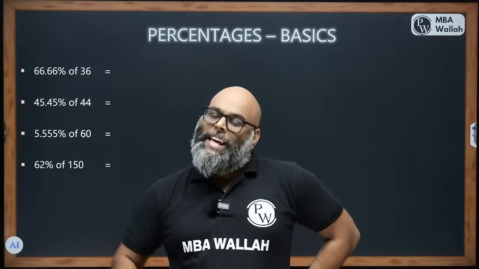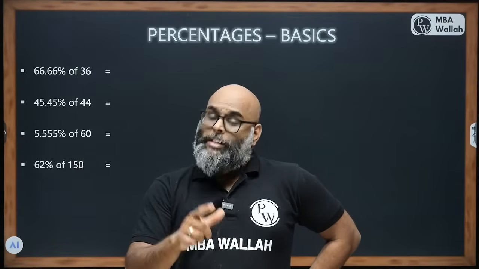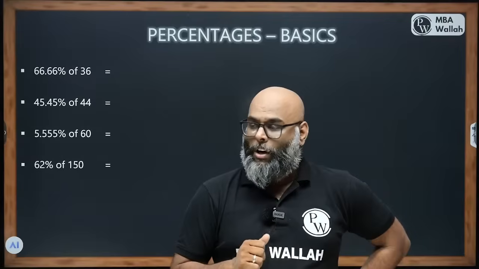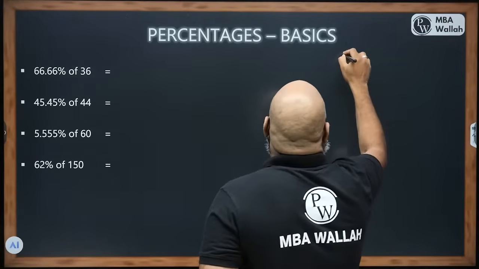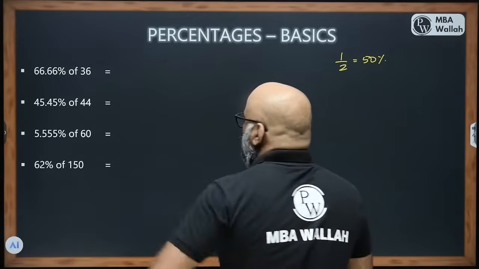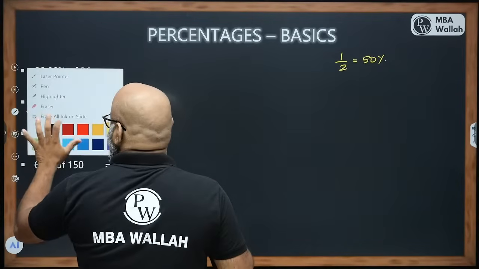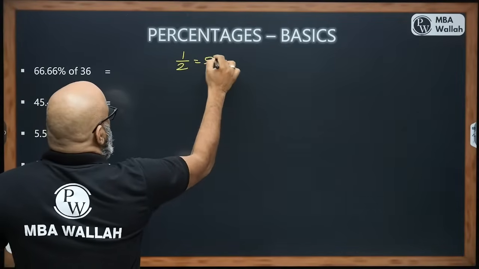So let's see if we can rewrite a percentage as a fraction and see how well it works for us. Now the first question that I will ask is, how do we know 1 by 2 is 50%?